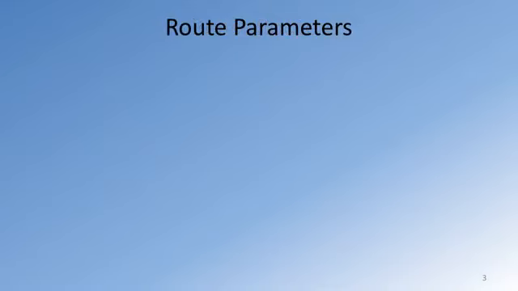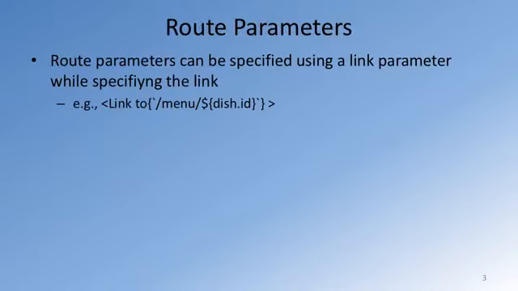Now, how do these route parameters become available? When you specify that within our code, we would specify that as Link to, and then you can say menu, and then you can even provide that second part as a value that is dependent upon a JavaScript value's property.